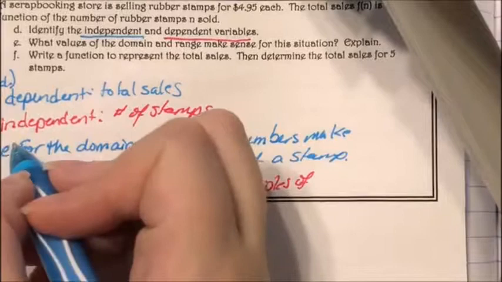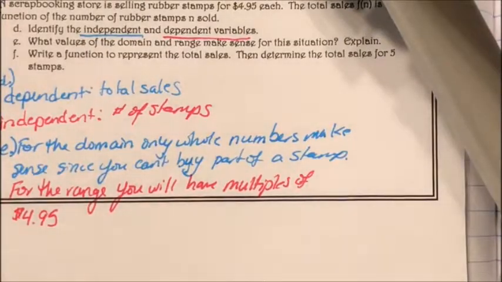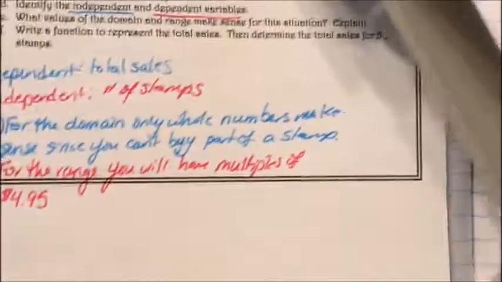Okay, for letter F, it says write a function to represent the total sales, then determine the total sales for 5 stamps.